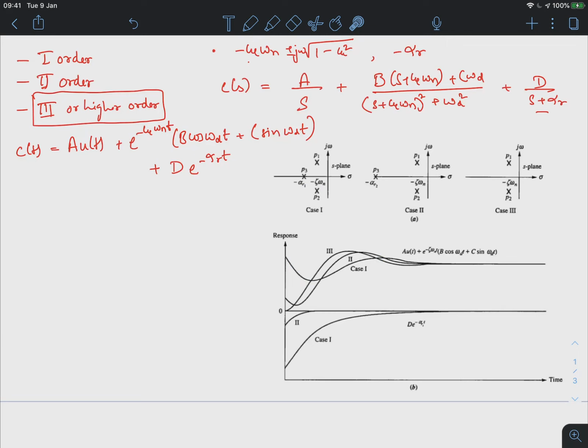The reason is, let's say alpha r is much greater than xi omega n, which is our second case or the third case, so this pure exponential term will die out much more rapidly than the second order underdamped step response. Okay?